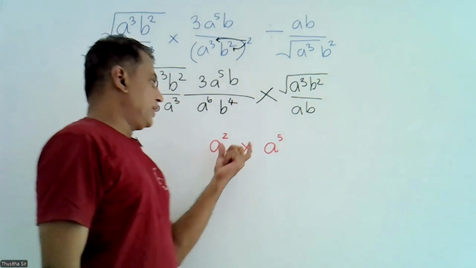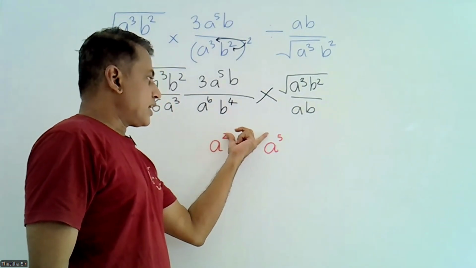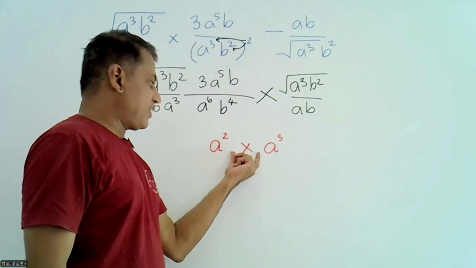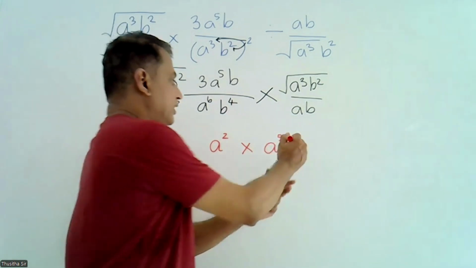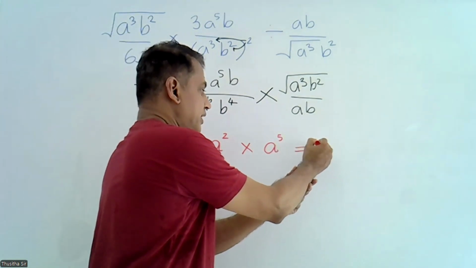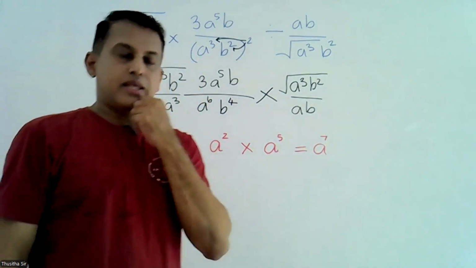This is the base and that's the index. When multiplying, the rule is I have to add the indices. So 5 plus 2 is 7.